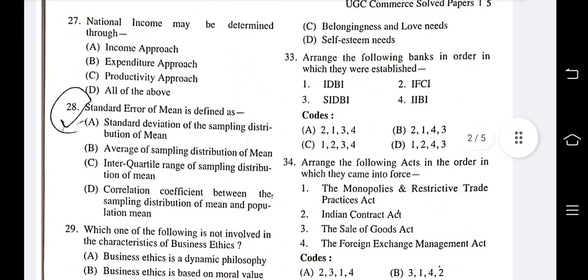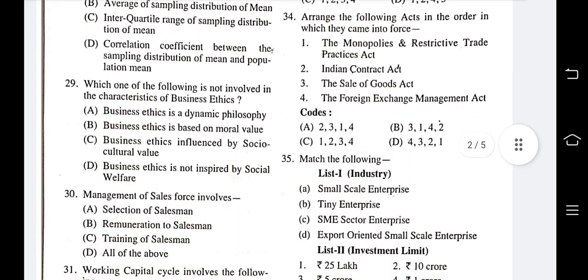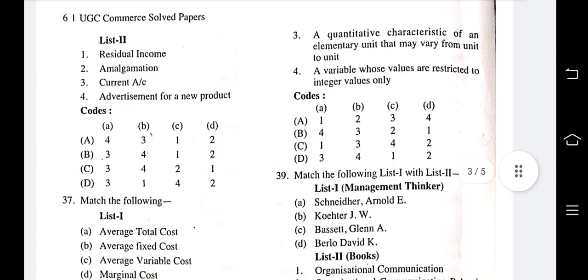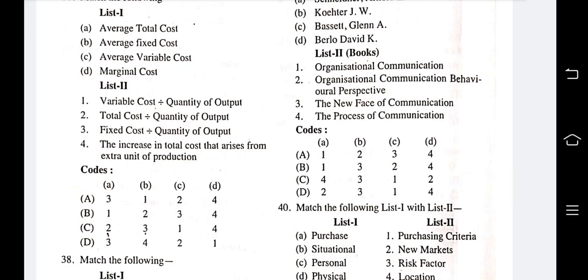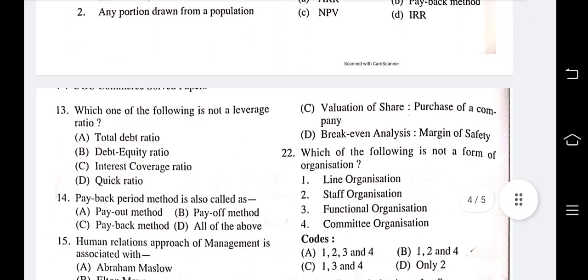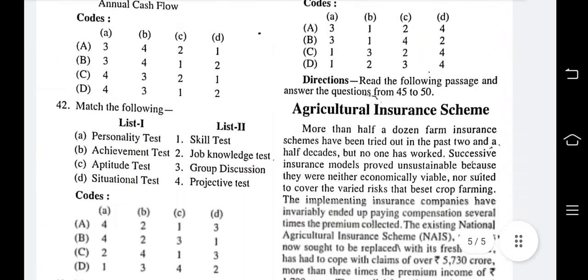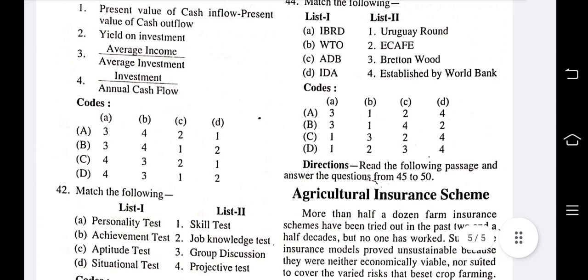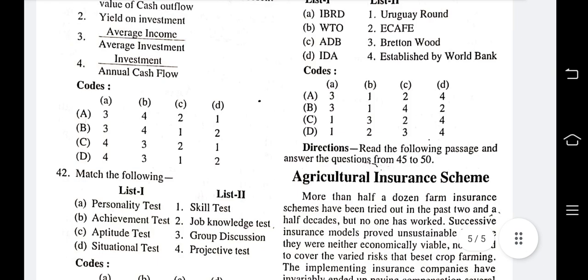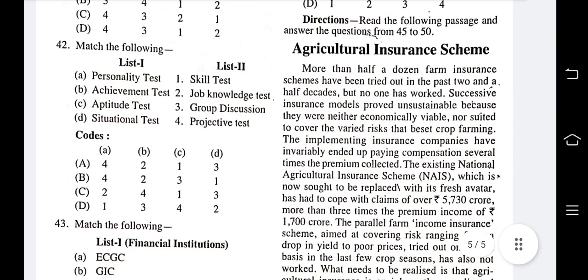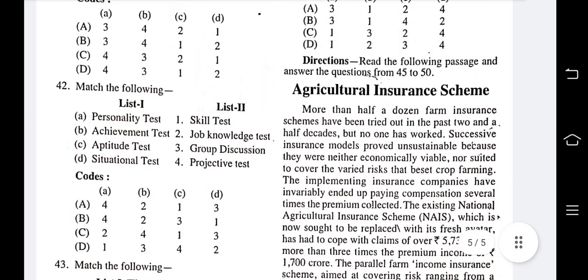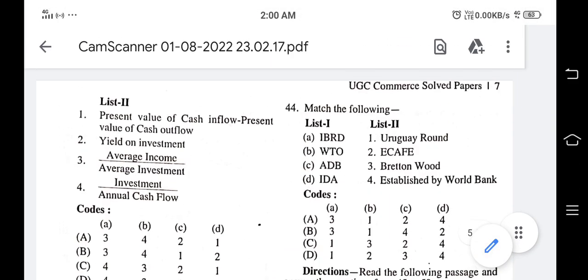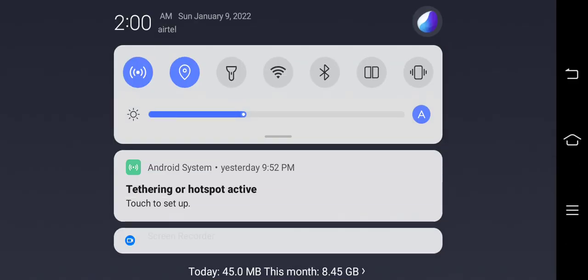The important questions I have solved. Next are the matching questions, up to 44, the list one, list two questions. Then the last five questions are also paragraph questions.